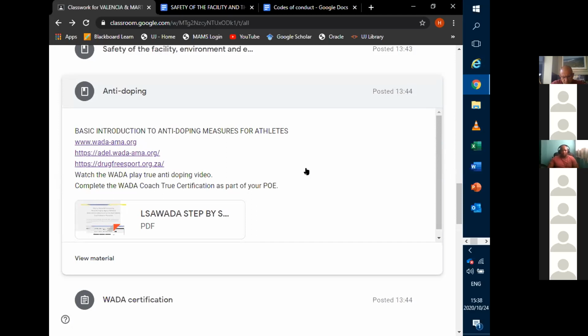It's for our nipper coaches, and it's especially for our parents. You can download some of the apps that I'm going to go through, and make sure that the parents have the apps, that the athletes have the apps. Because once the athletes move from nipper into the junior and senior levels, then there is always a possibility that they could get tested.